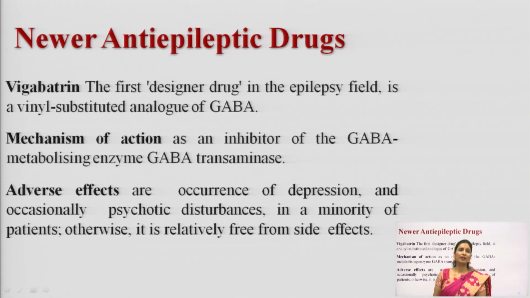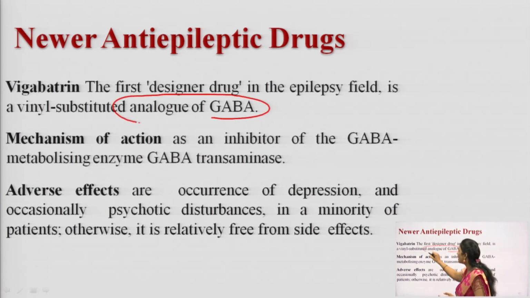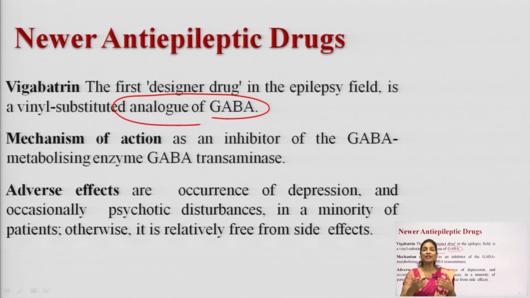Antiepileptic drugs are also used here, like vigabatrin, which is one of the newer drugs and is an analog of GABA. What mechanism of action does it have? It can inhibit the GABA-metabolizing enzyme, GABA transaminase. So, GABA transaminase is an enzyme which metabolizes GABA. Vigabatrin inhibits this enzyme, and it increases the action of the GABAergic neuron.